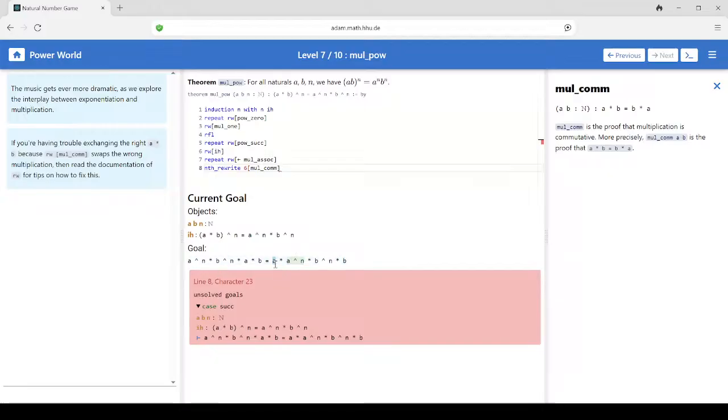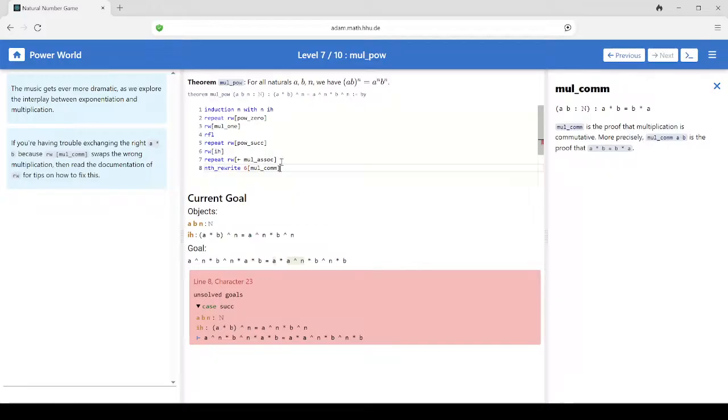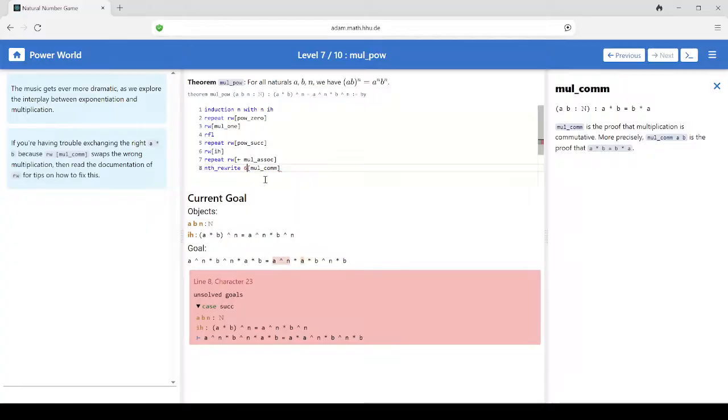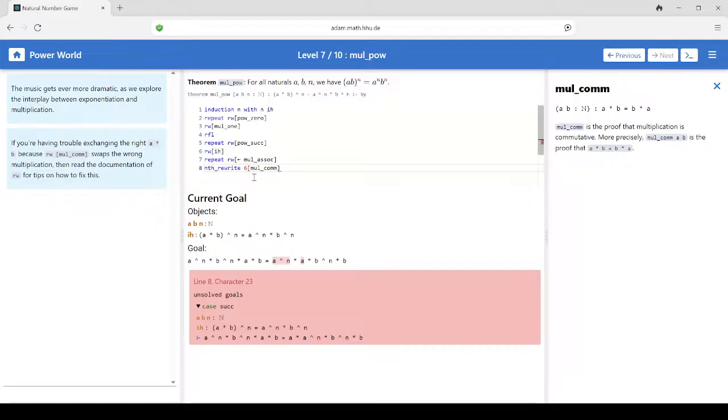We still have a at the beginning. Nope, 6 is the last. We need... what did this do? This switched the place of a to the power of n and a by itself.